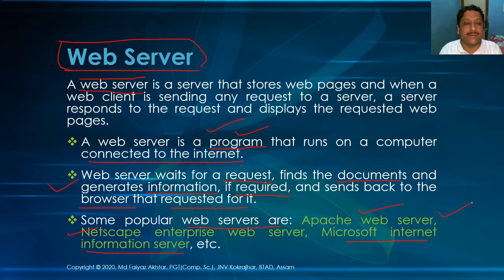Okay, install any one of them, and your computer will become a web server. You can host a website, and others can send requests to your computer, and with the help of this software, your computer will respond to those clients with the web pages or the information they need. Okay.